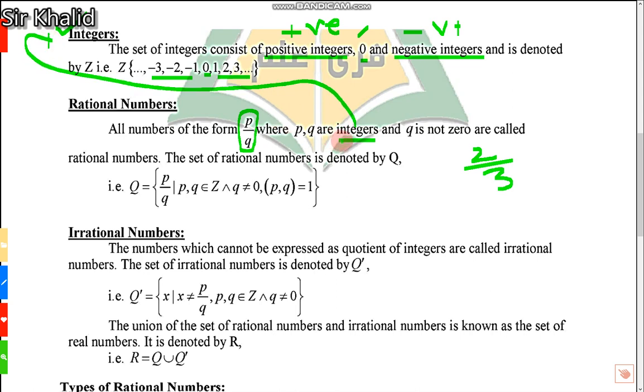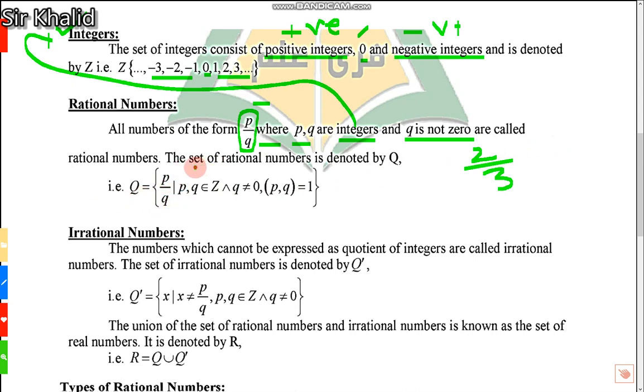So this is the condition for rational numbers: P and Q are integers, and Q is not 0, which means the denominator is not equal to 0.